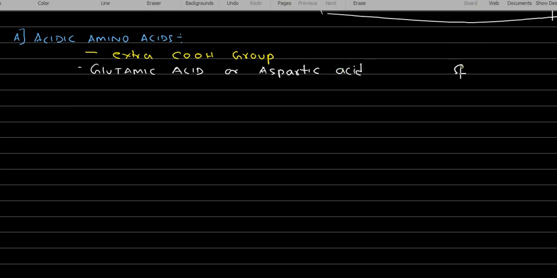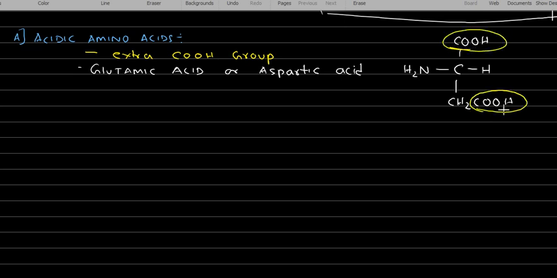For example, if you unfold the structure of aspartic acid, what you can see is there is an amide group as every other amino acid has, and other two groups, but in this case the R group is CH2COOH. As you can see, there are two acidic groups. So such amino acids are referred to as acidic amino acids.